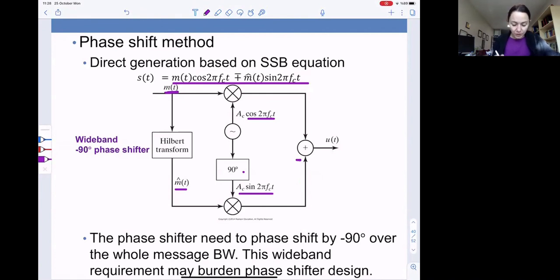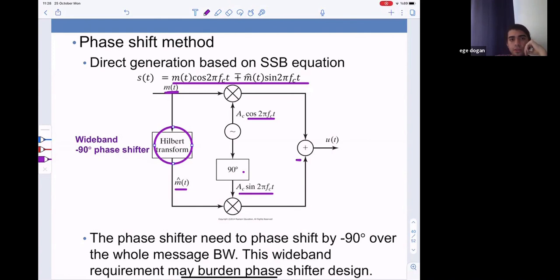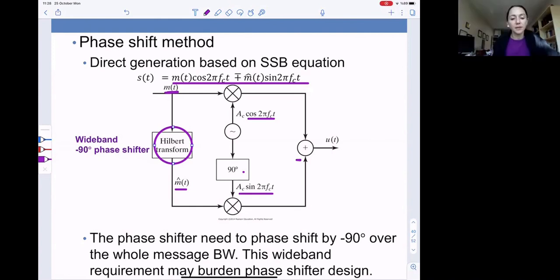So the key component, the key filter here, there's only one filter, it's the Hilbert transform filter. What kind of filter is the Hilbert transform filter? It phase shifts the signal. Exactly, that's a 90-degree phase shifter.